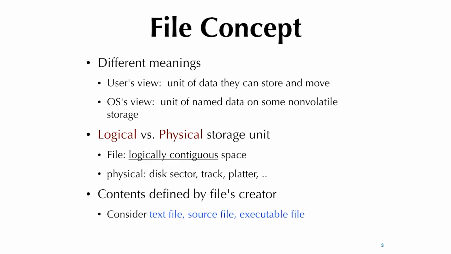And from the OS point of view, well, it's a unit of some named data. So the file should have a name. And another thing that's important is it should be stored on some non-volatile storage. Okay, so that means it sticks around. The OS can count on, once it's saved, that it'll be available again, even if the OS reboots.